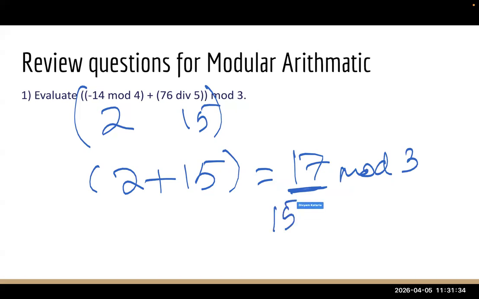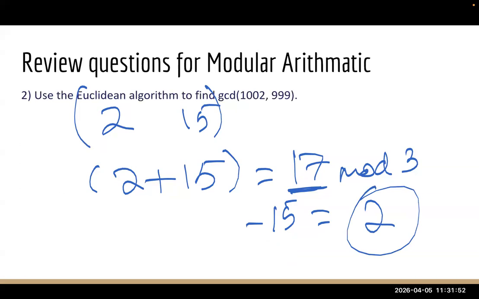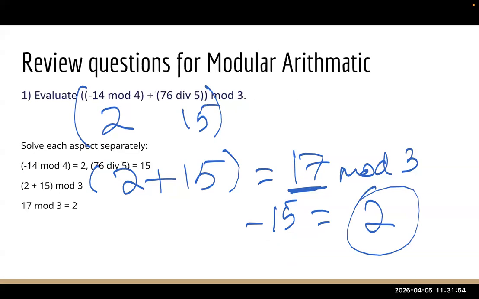So 15 divided by 3, that is 5. Oh, sorry, it's mod, so we want the remainder. So again, we have to take 15. Now 17 minus 15, that's just 2. So our answer is going to be 2. Here we can see it worked out again.